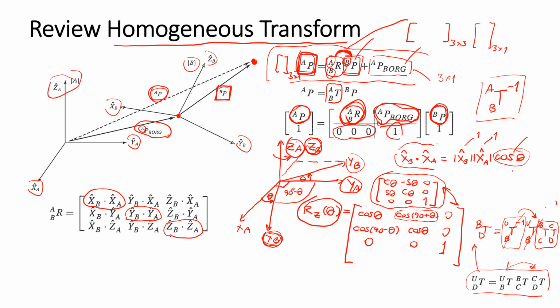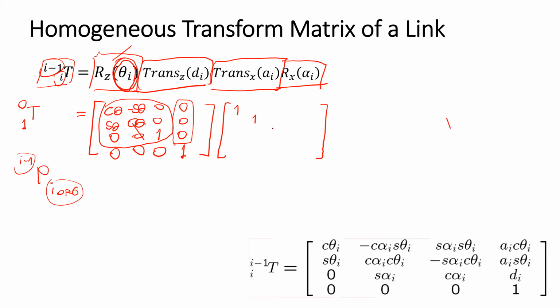The dot product will equal 1 if it doesn't change the direction. But XB and YA will have 90 degrees, so the other components will be 0. For the rotational matrix when it's not rotated, it will be the identity like this, and you have 0, 0, 0, and 1.